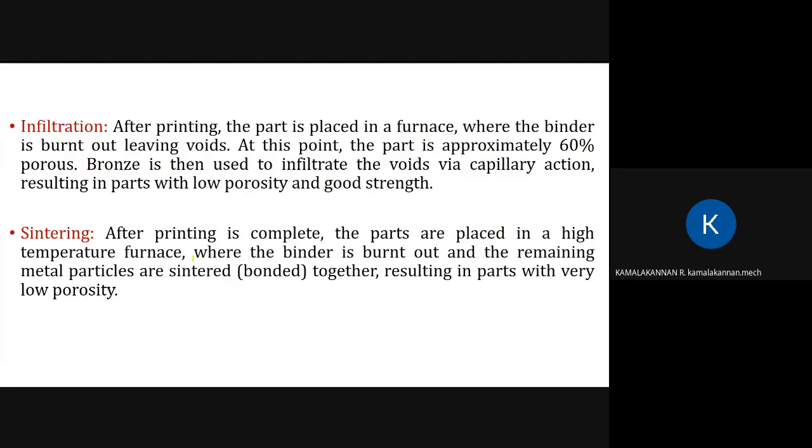So the porosity of the material will increase, of course, but to reduce the porosity we will infiltrate with the help of bronze.